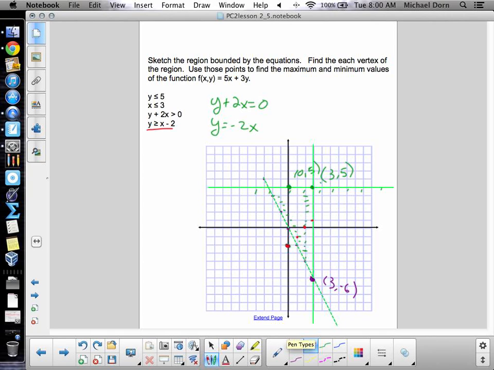Okay. And again, so this line looks like this. Point of intersection here is going to be at 3, 1. And we want to be greater than that. So 0 is greater than -2, so we're shading this area. So here is our region.